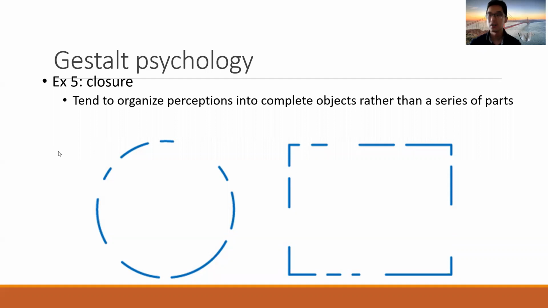People tend to see complete objects, even though in reality those are just parts, some incomplete lines. That principle is called closure. Even though those lines are not connected, people tend to connect them in their mind because they tend to see complete objects.